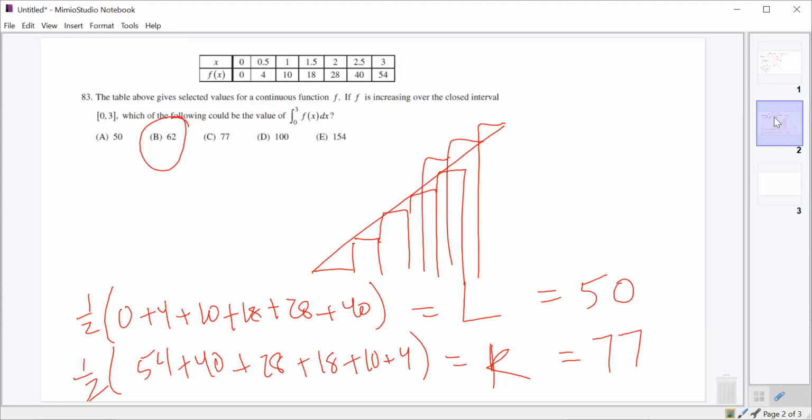Wow, that's a little surprising. Yeah, I mean, a midpoint should be between. If it came out to be 62, then sure. But the midpoint one, well, I guess the midpoint one should come out to be the average. No, it should. Never mind. That's what a trapezoidal sum does. Comes out to be the average. So you could have done a trapezoidal sum.